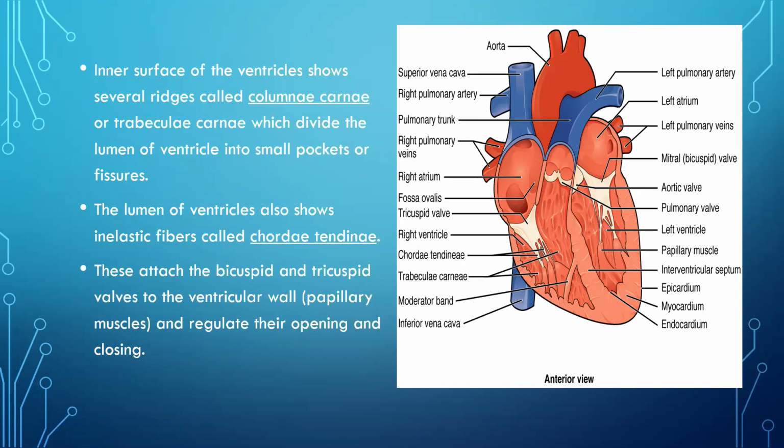The bicuspid and tricuspid valves will not open, and thus backflow of blood into the auricles will not be allowed. So the chordae tendineae and columnae carneae, or trabeculae carneae, remain attached to the bicuspid and tricuspid valves and regulate the opening and closing. Just now, as I said, they regulate the opening and closing.